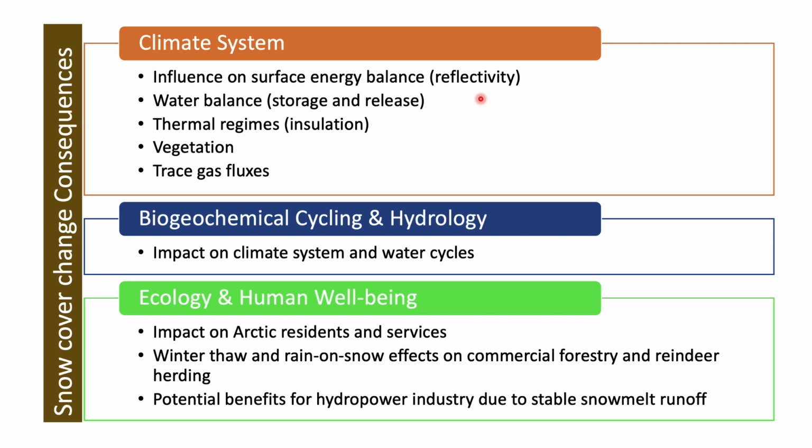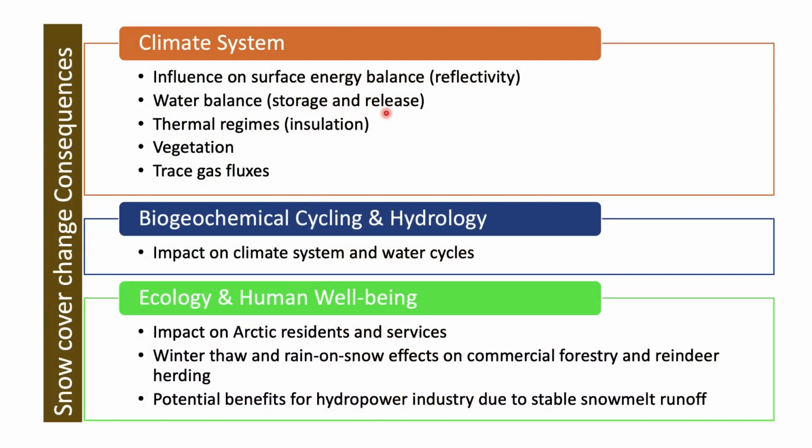But when there is less ice, more of the sunlight is absorbed. So the surface energy balance is affected because of the change in the ice. If the cryosphere loses more ice, that leads to a change in the climate system. And also the water balance, that means storage and release.